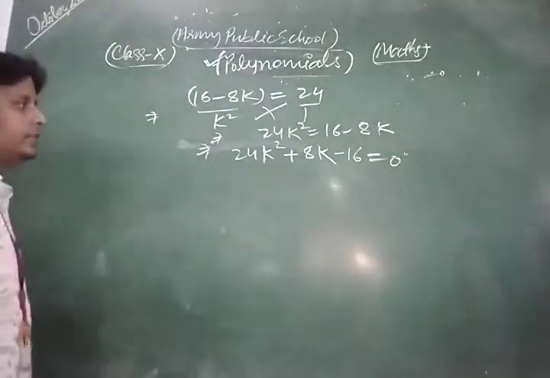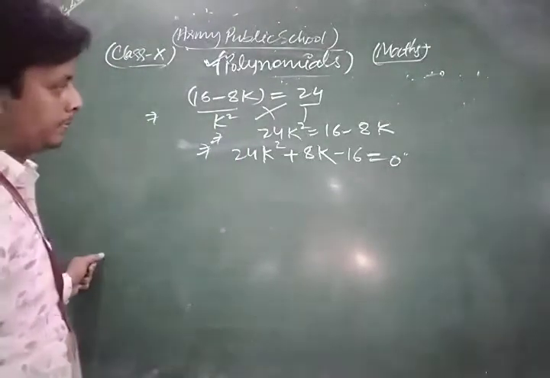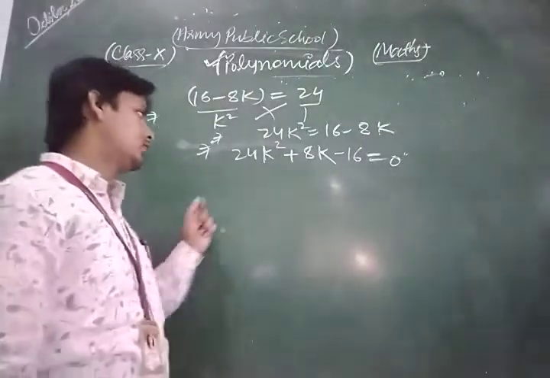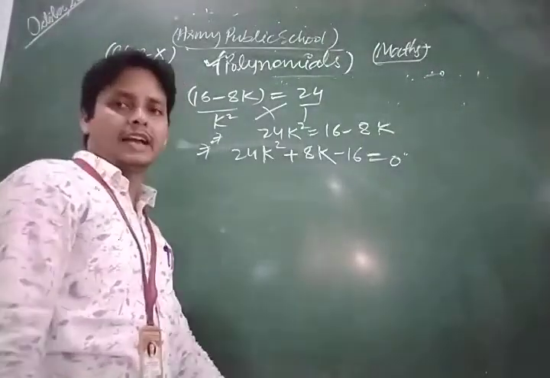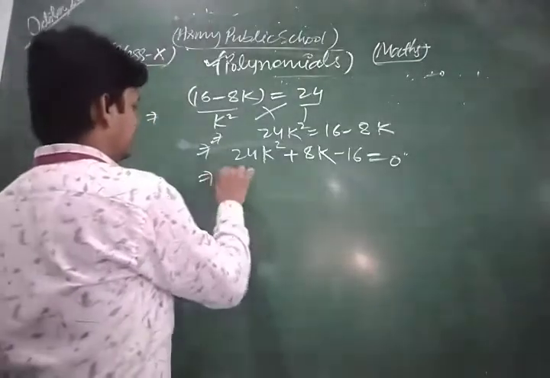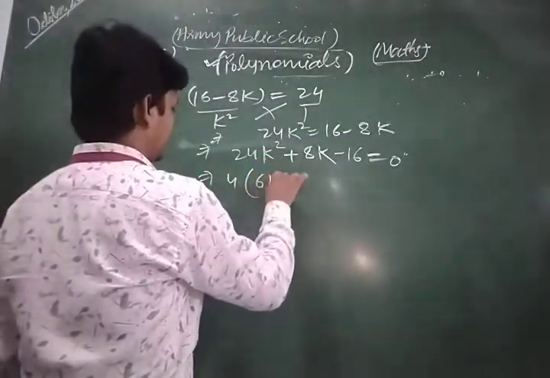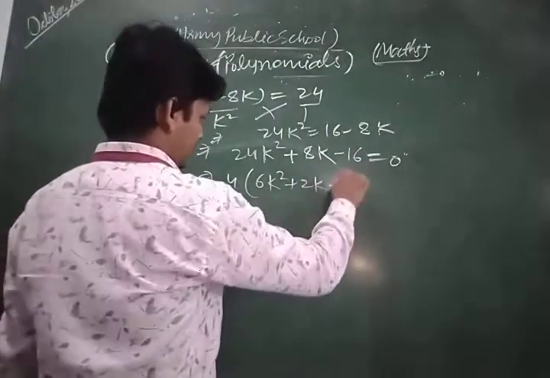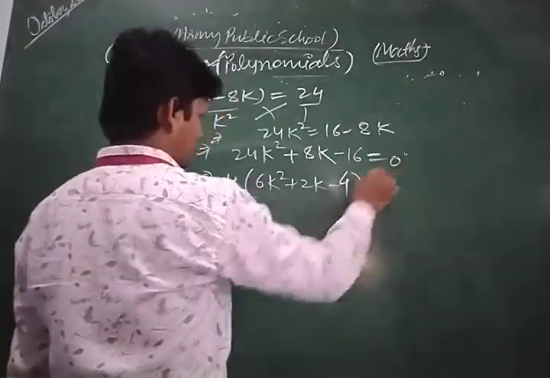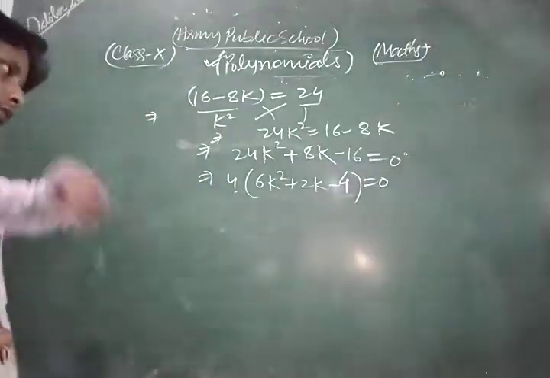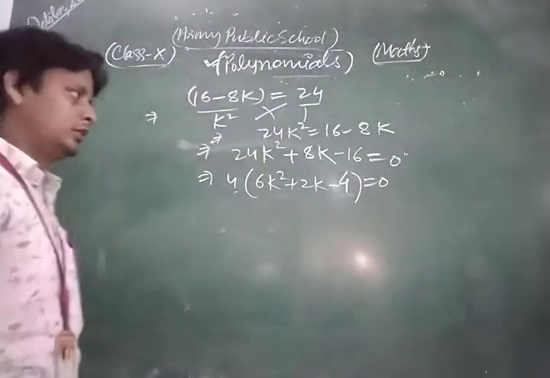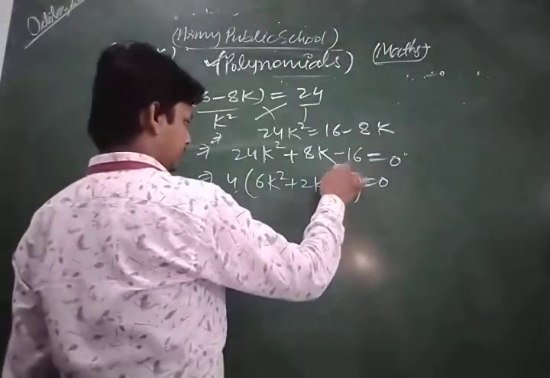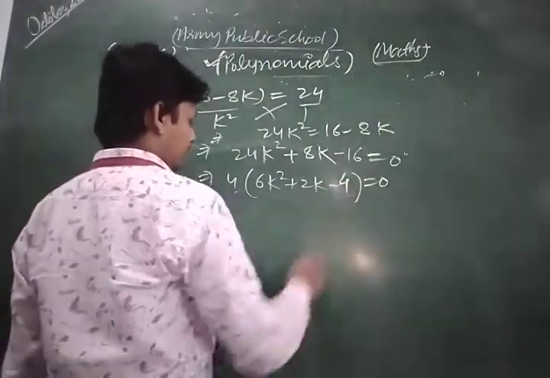Now from these terms we take 4 as common, because 4 is the common factor of all the terms. So if we take 4 as common, we get 6k square plus 2k minus 4 is equal to 0. Now what do I do?